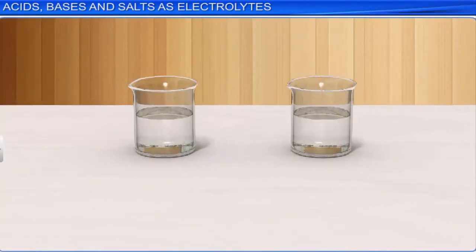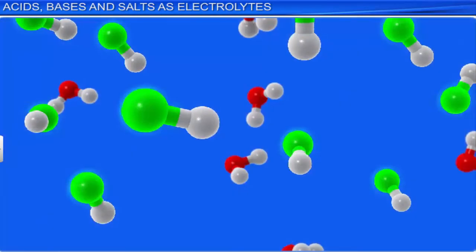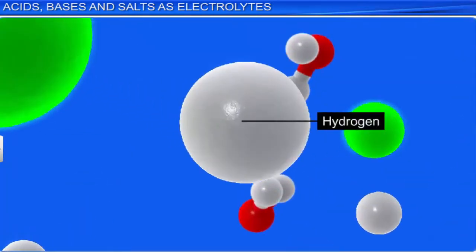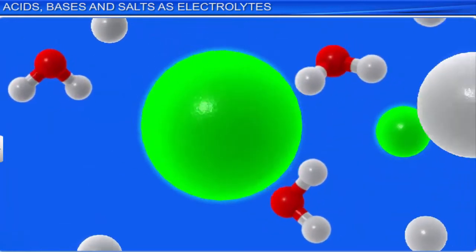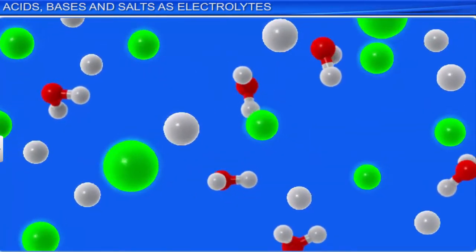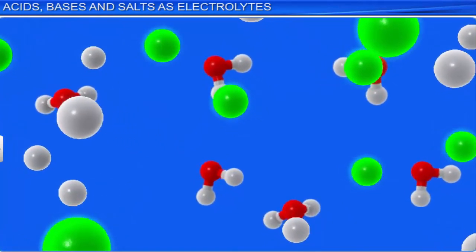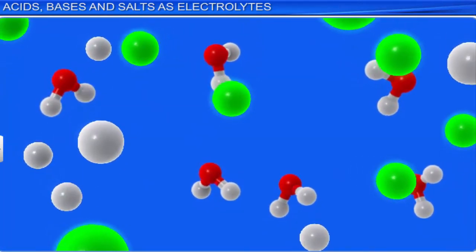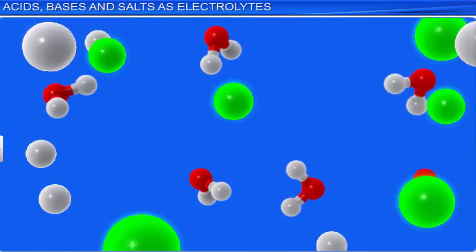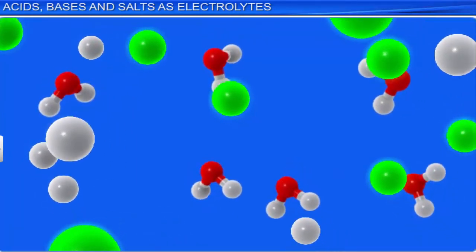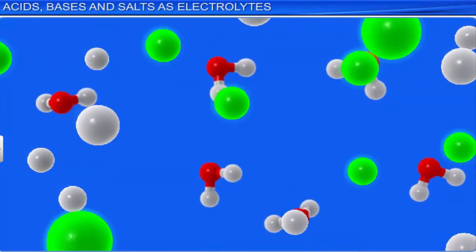Hydrochloric acid, when dissolved in water, dissociates completely into hydrogen and chloride ions. These ions are more in number and they have high mobility, which leads to high conductivity in hydrochloric acid. Hence, hydrochloric acid is considered a strong electrolyte.